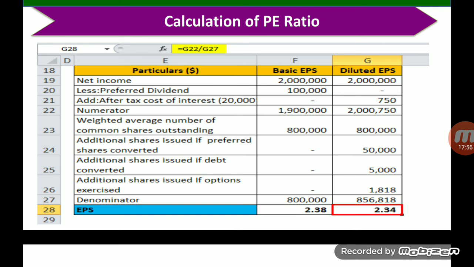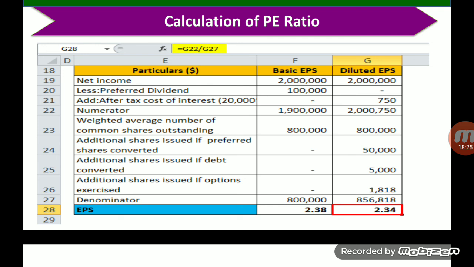So here, row number 27 indicates, in the basic EPS column, the value of common shares, and if we take the diluted earning per share column, then we observe that the value of shares increased by the summation of these three cells.